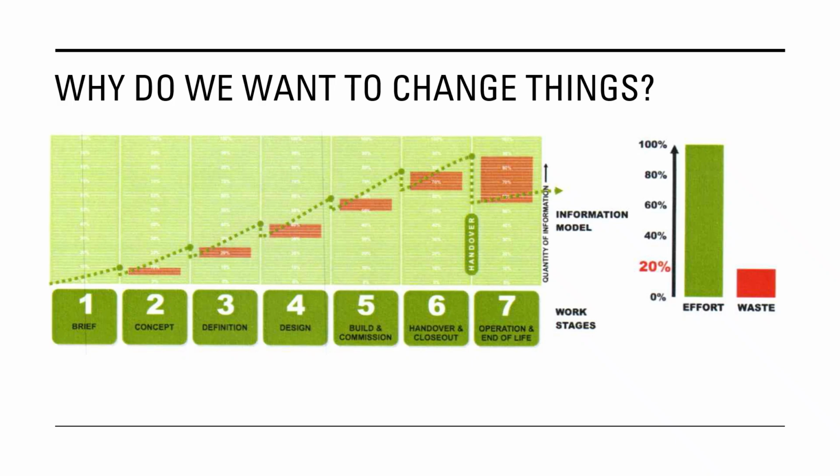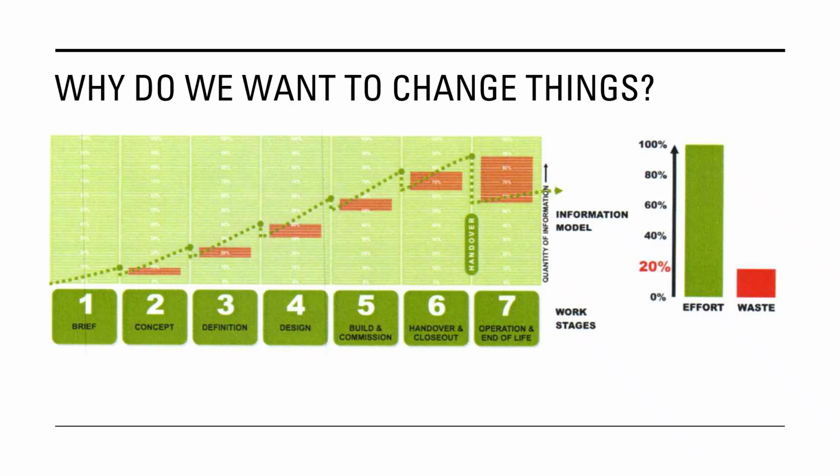Whether it's due to disconnected tools, fragmented communication, or manual transitions, this loss can account for up to 20% of total project effort. Each red bar in the graph represents information that's lost when moving from one phase or stakeholder to the next. That's wasted time, duplicated effort, and missed opportunities.